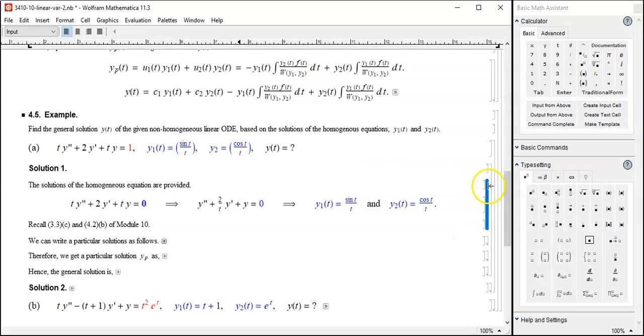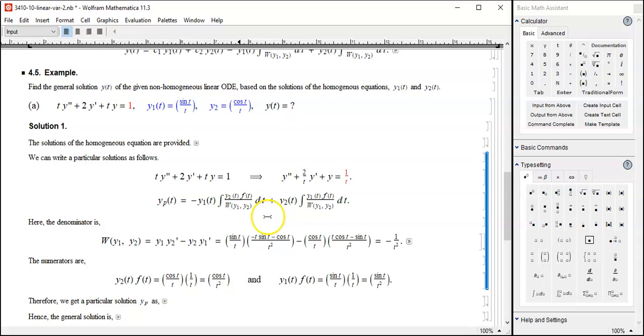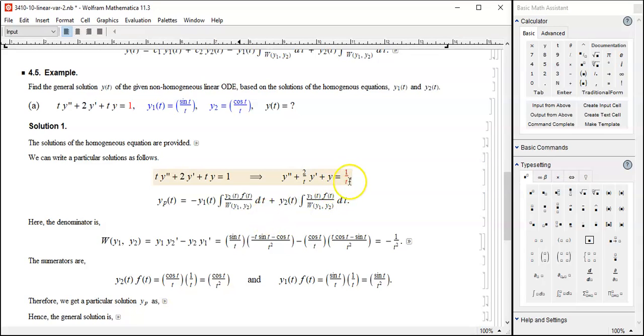Okay, homogeneous solutions are provided. And then here's the standard form. We're going to find the Wronskian determinant, negative 1 over t squared. And the numerators are like this, cosine of t over t squared, sine of t over t squared.